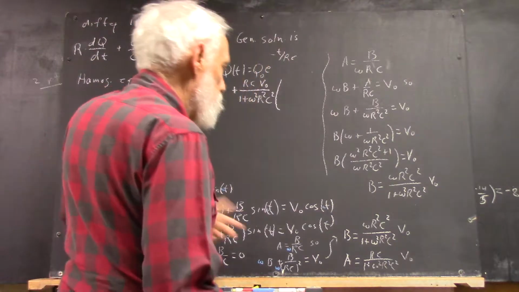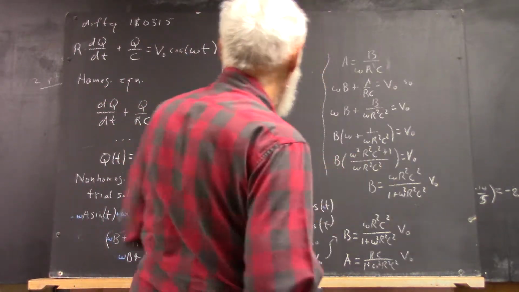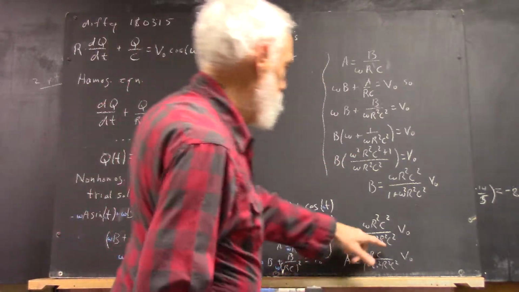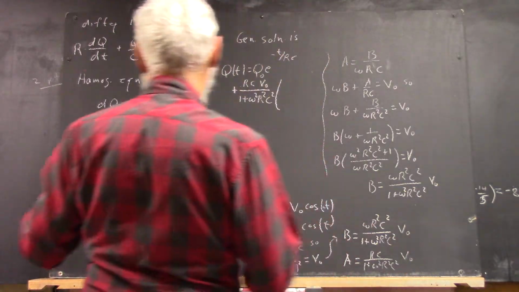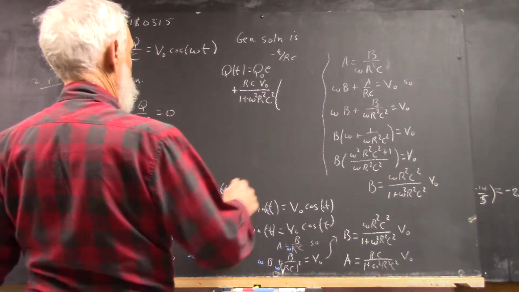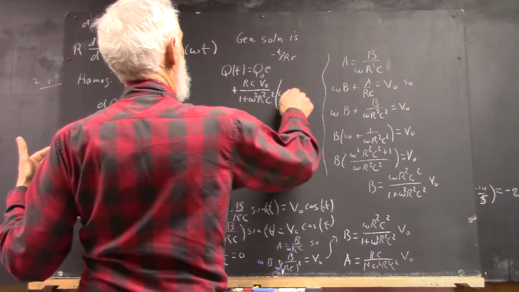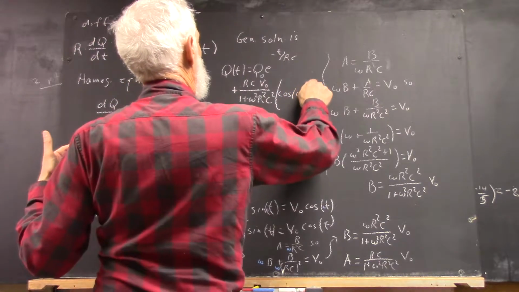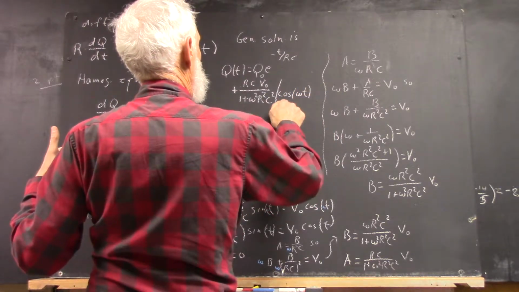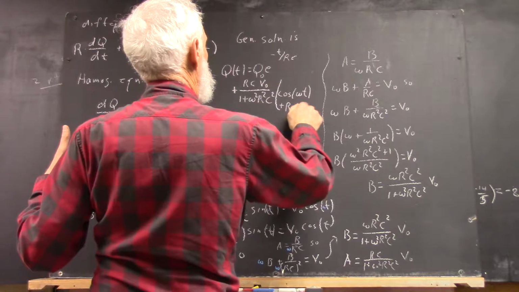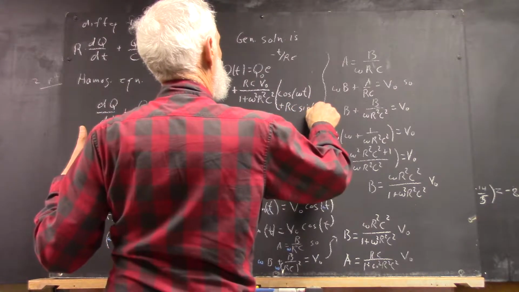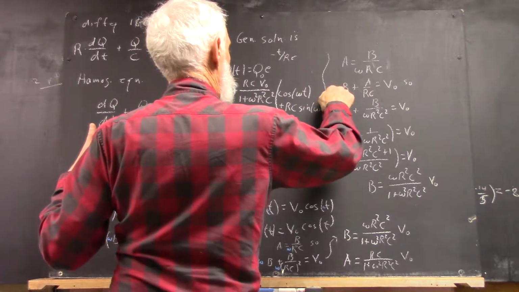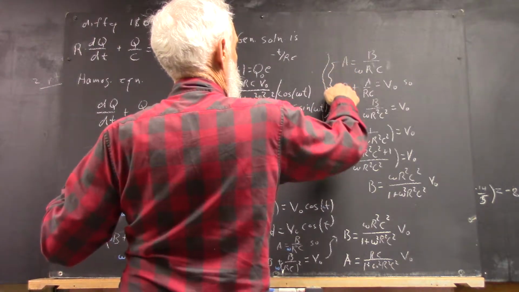And then you're left with what? You're left with an RC on the B, and you've got the whole unit of A, so you're going to be able to say this is a cosine of omega t plus RC times the sine of omega t.